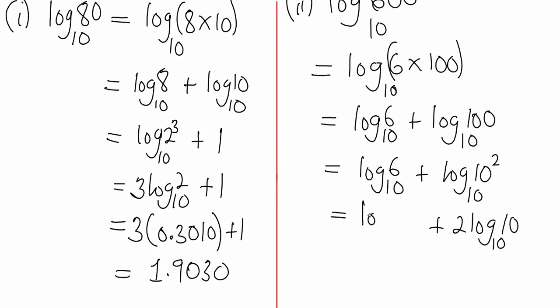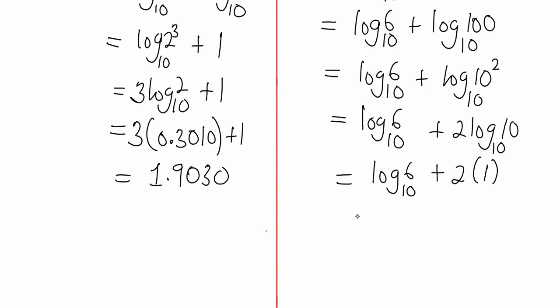So we maintain the value for log 6 base 10. Now we know the value of log 6 base 10 already, so we don't get bothered about that, but we work on 2 log 10 base 10. We know logarithm of a number to the same base gives us 1. So at this point, we're going to have 2 multiplied by 1. Now, if that continues, we are going to have logarithm of 6 base 10 plus 2. Now, we know the value of log 6 base 10 from the question, and we do that substitution.